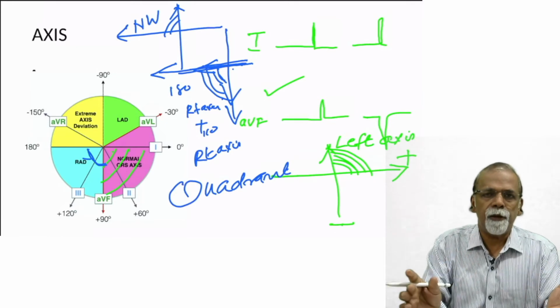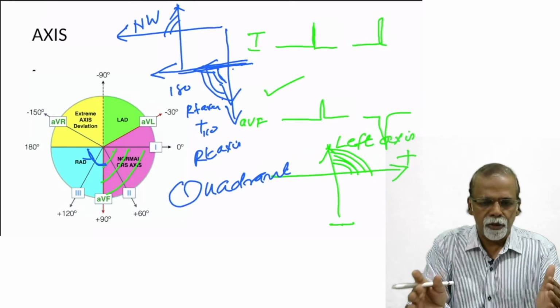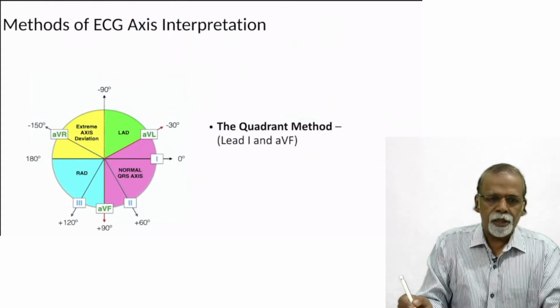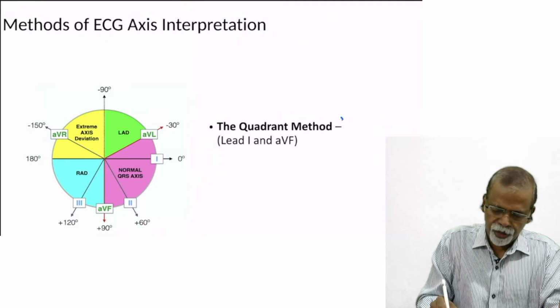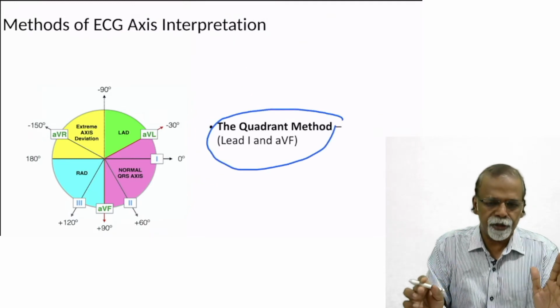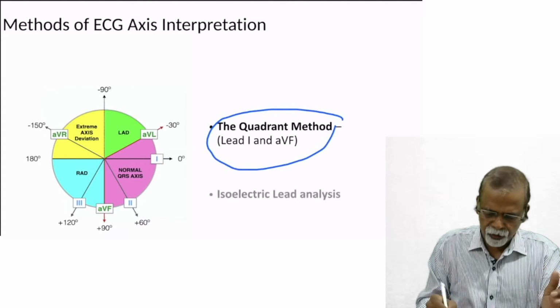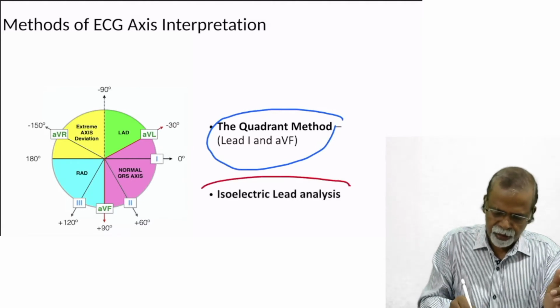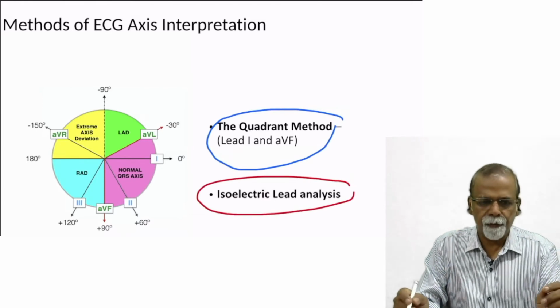So it is in the right lower quadrant, the normal axis. This is the minimum thing we should remember. This is called the quadrant method. Hope it is clear to you. One more method is called the isoelectric lead analysis.